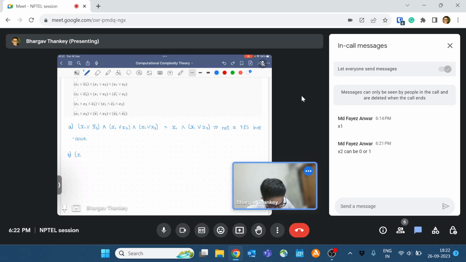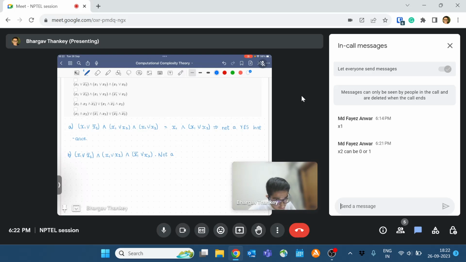X1 or x2 complement. So again, we can directly say that this is not a yes instance. Why? This is x1 and this thing.